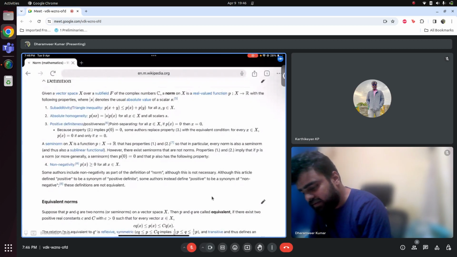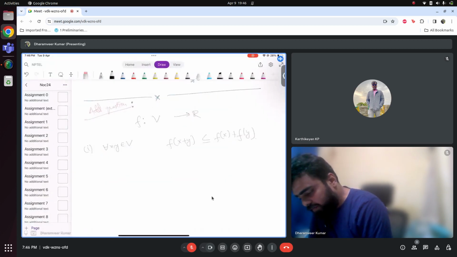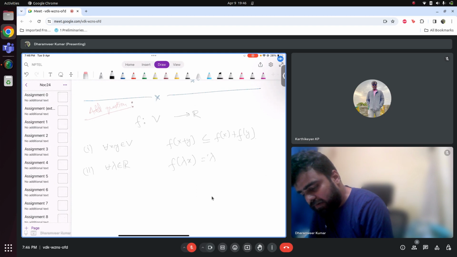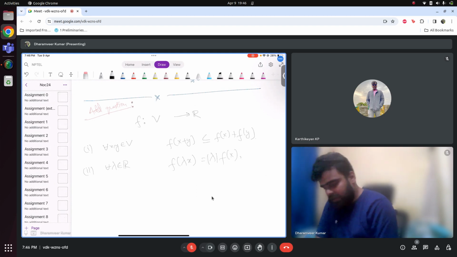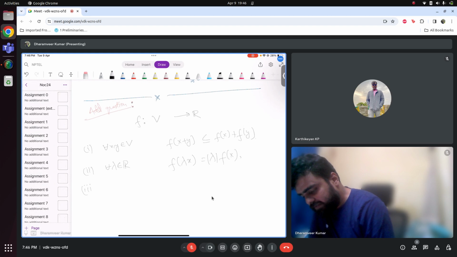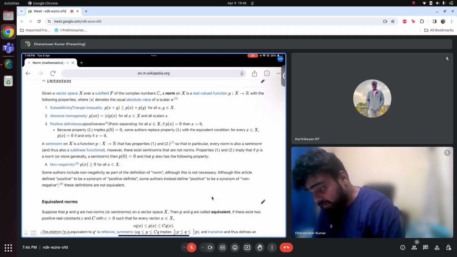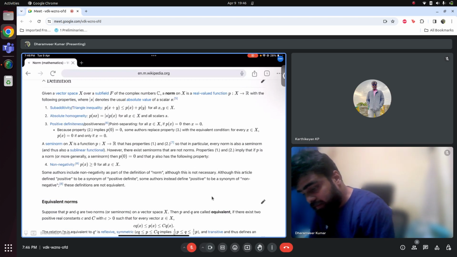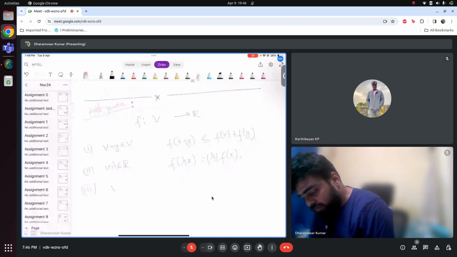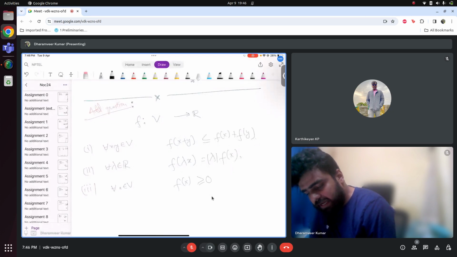Second is for all lambda in real numbers, f of lambda x should be mod lambda times f of x. And then third is, for all x in V, f of x is greater than or equal to 0, and f of x is equal to 0 if and only if x is 0.